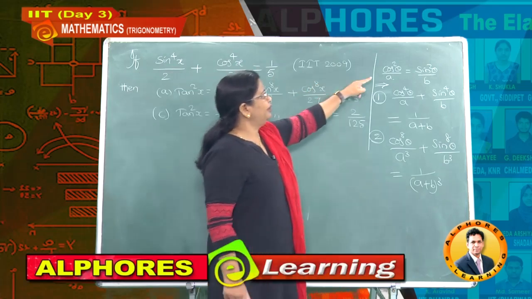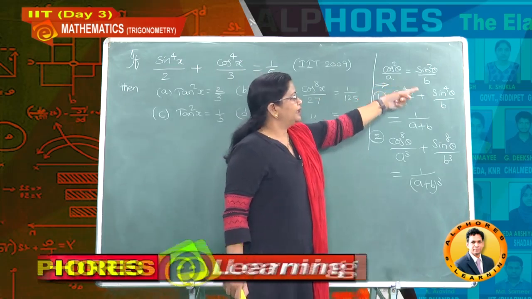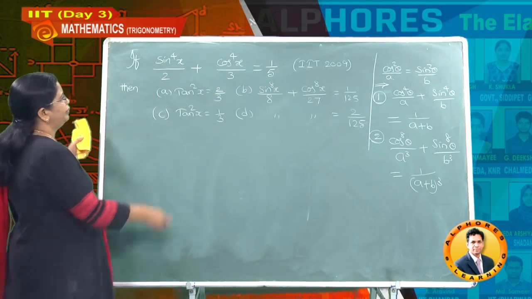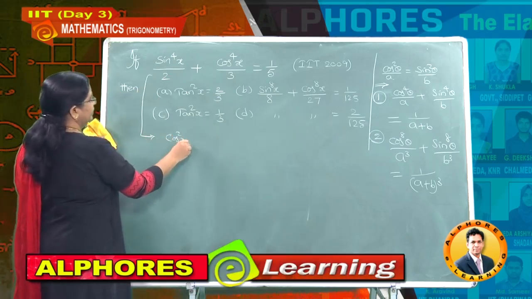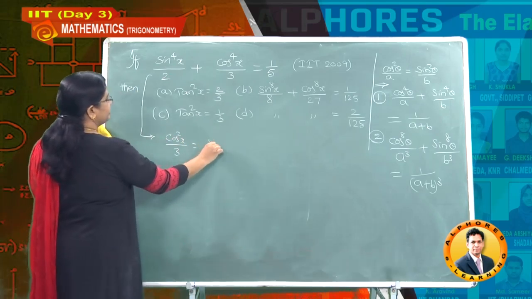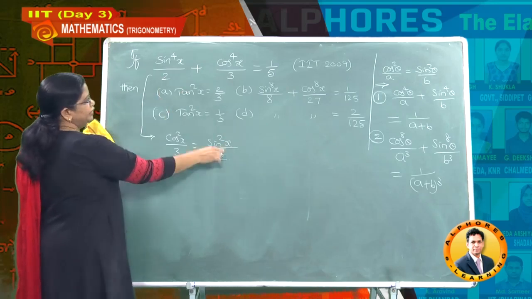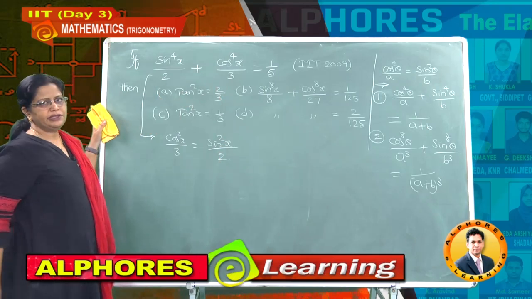When it will happen means cos square theta by same value A equal to sin square theta by B. That means this result holds good when cos square x divided by 3 equal to sin square x divided by how much here? 2.